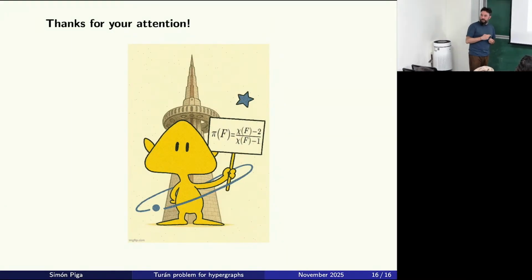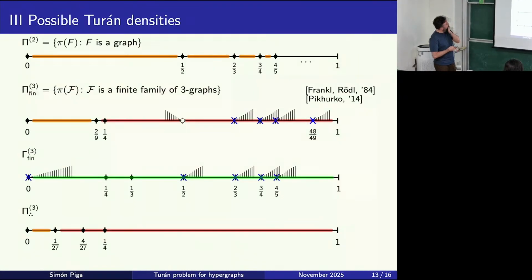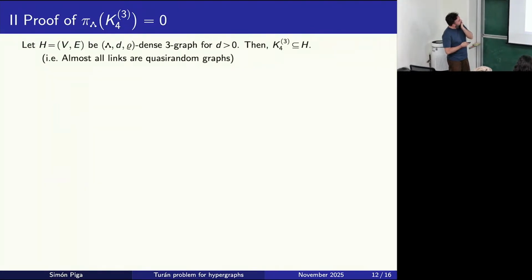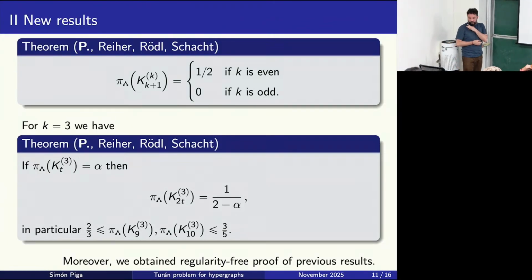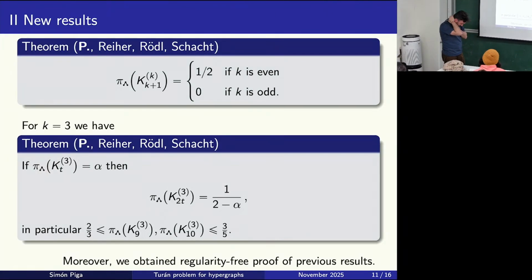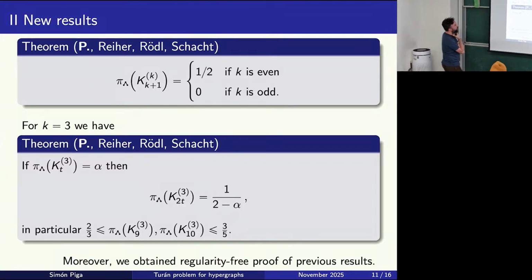Can you go back to the slide of your theorem? Why, in your first theorem, does the Turán density vary depending on the parity of k?